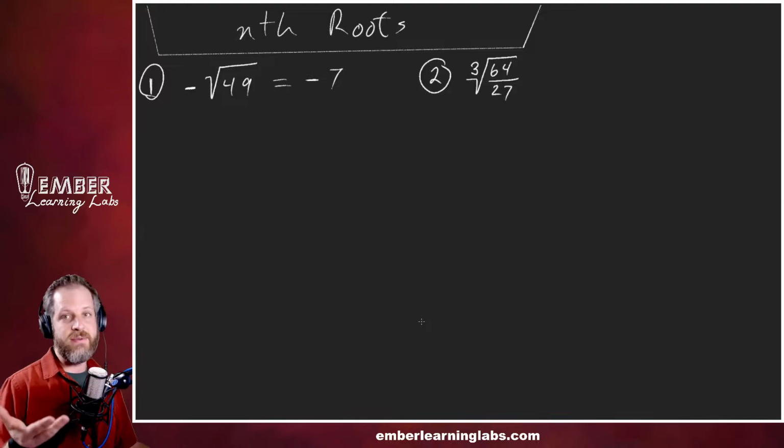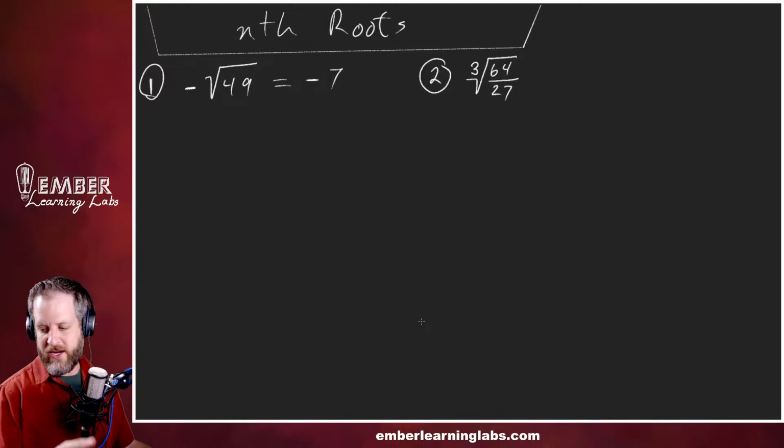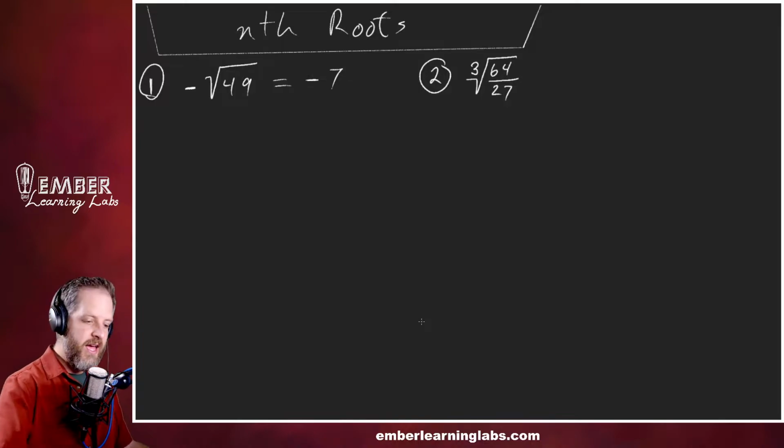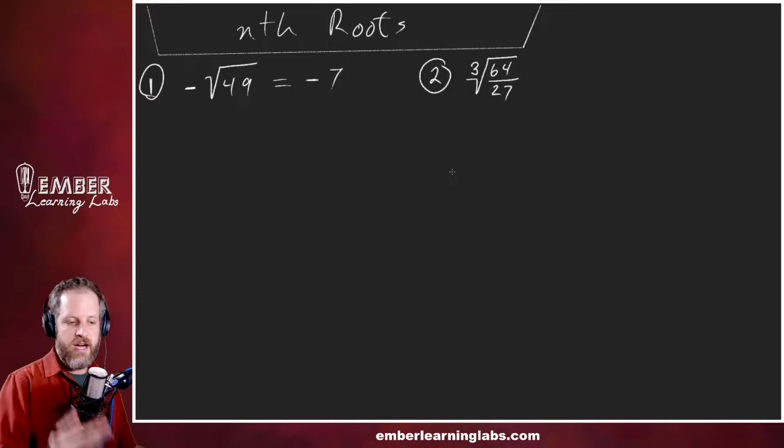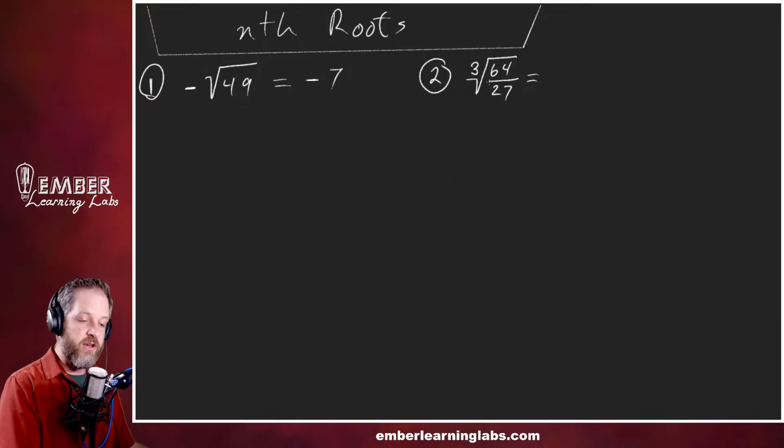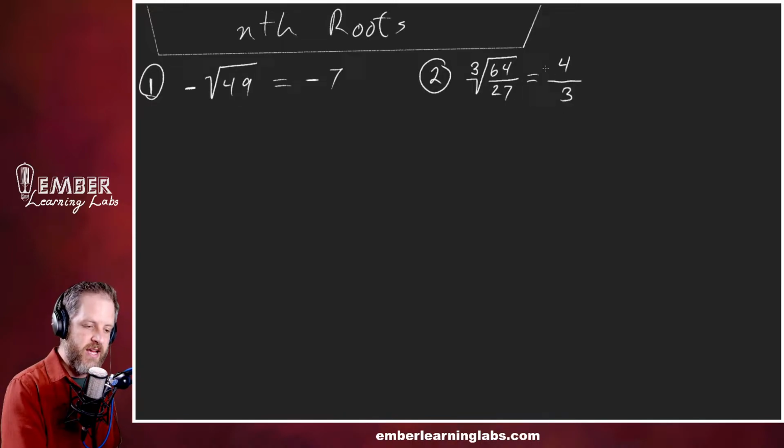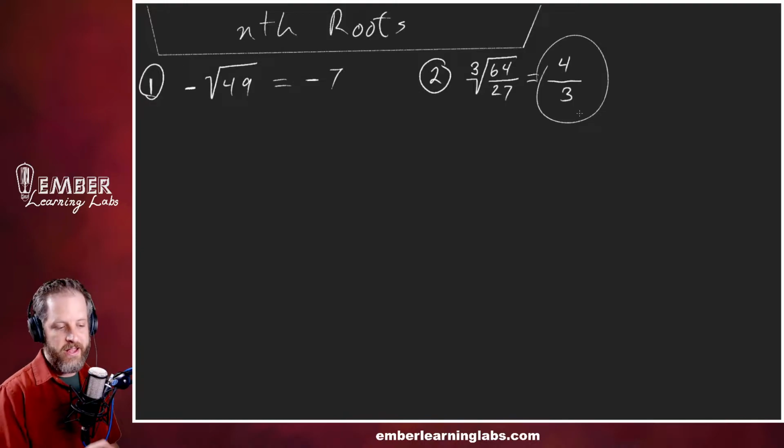Cube root is what times itself 3 times equals that number. So what times itself 3 times equals 64? Just like what we did where we split square root top and bottom, we do the same thing here. So the cube root of 64 is 4, because 4 times 4 times 4 is 64. And the cube root of 27 is 3. So the answer to this problem is 4/3.